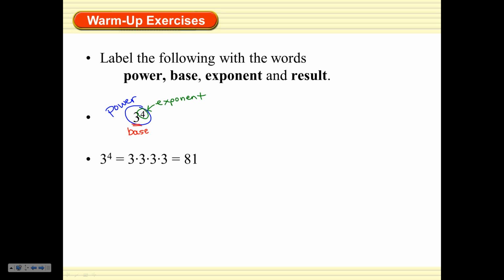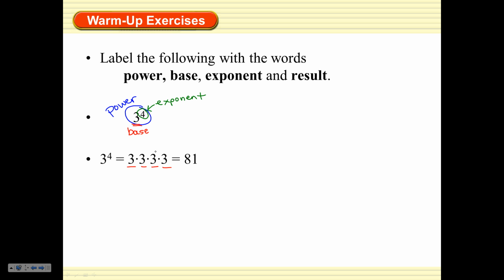So we have our power is the entire thing. The base is the large number that is being repeatedly multiplied. And the exponent is the small number that tells you how many times to multiply it. So down here we have our power of 3 to the 4th, our base of 3, our exponent of 4. It's the base that is the number that is repeatedly multiplied.